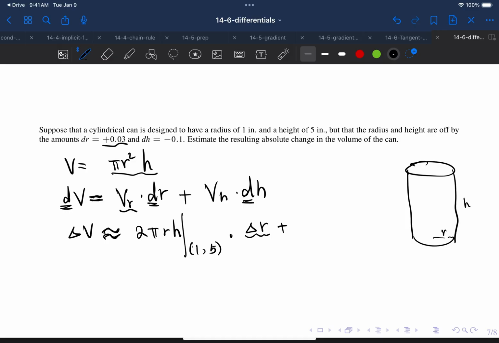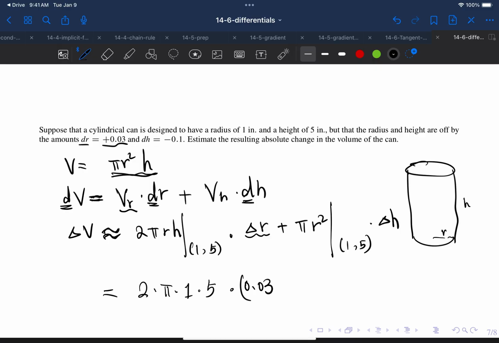Plus VH, the derivative with respect to H, which becomes pi R squared, 1, 5, and delta H. And then we get 2 times pi times 1 times 5 times delta R, which is 0.03. Here they use dr, but sometimes they can use that. It's just a matter of notation.